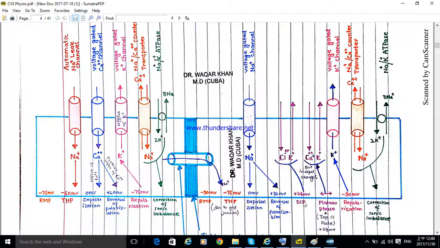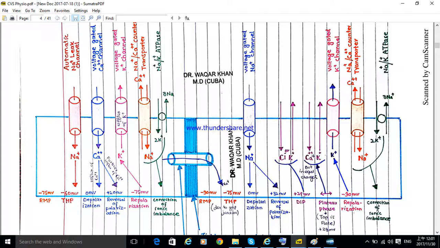For some time it will remain at this charge. Because of these ions, either there will be efflux of potassium ions, which is loss of positive charge, or there will be influx of calcium ions, which is entry of positive charge, but in equal amounts.